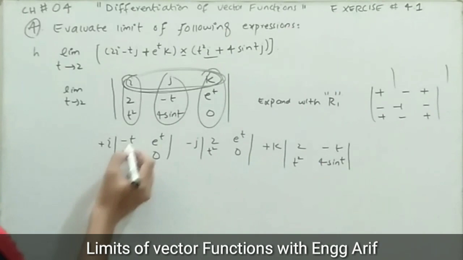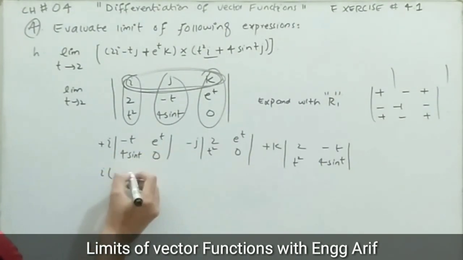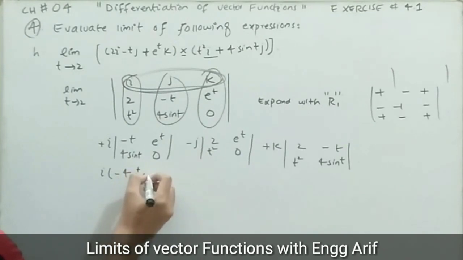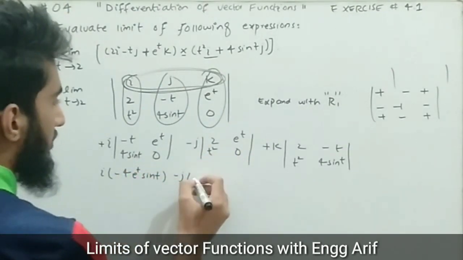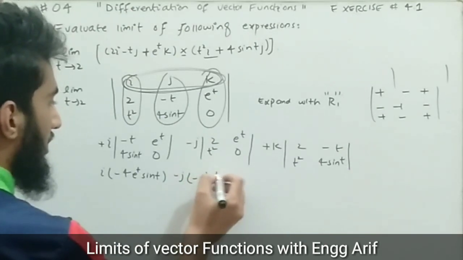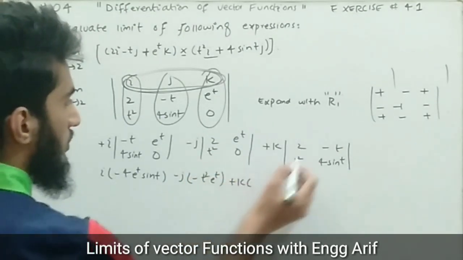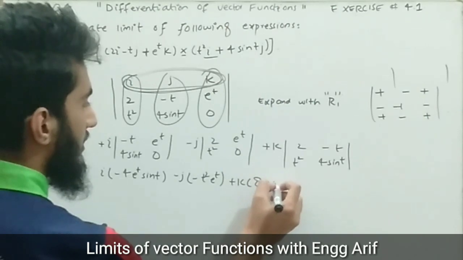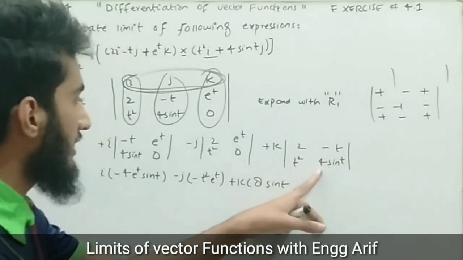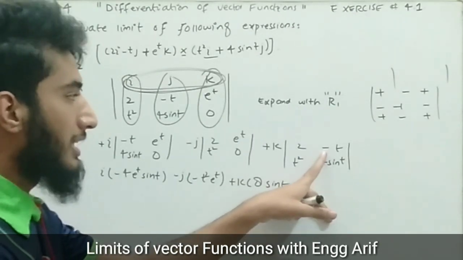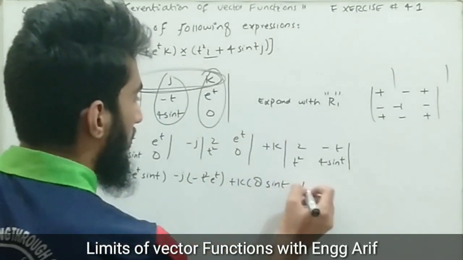After this, I find the determinant of this matrix. So t into 0 gives us 0, and it becomes minus 4 e power t sin t. And over here it becomes minus j into, it gives us 0, and minus t square e power t. And plus k into 8 sin t, and minus into minus t square gives us plus t cube.